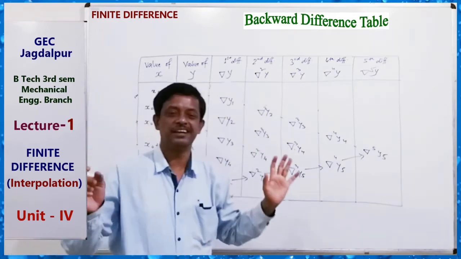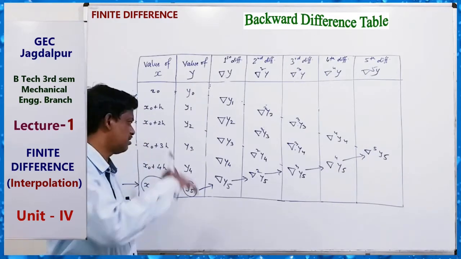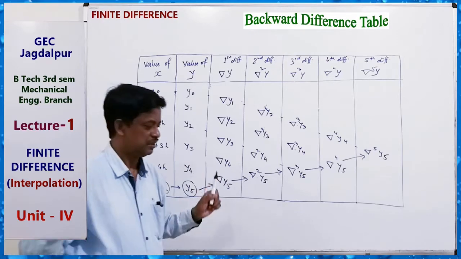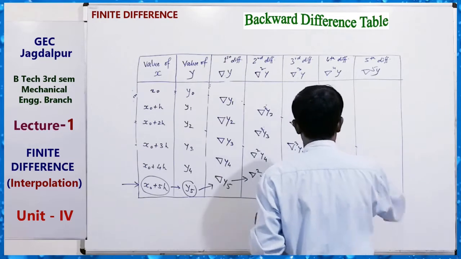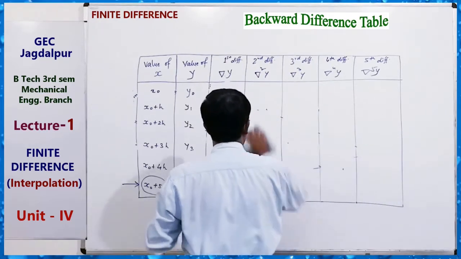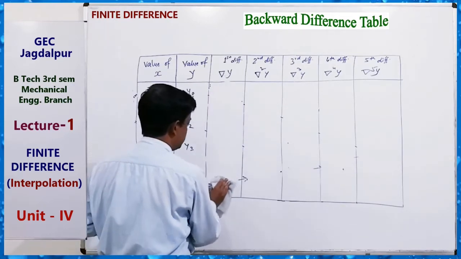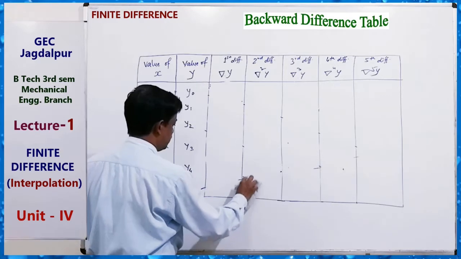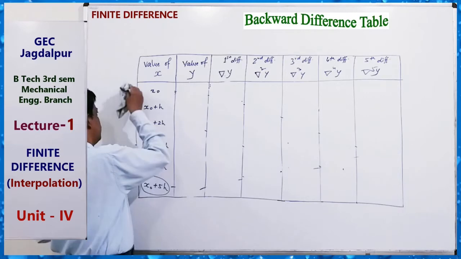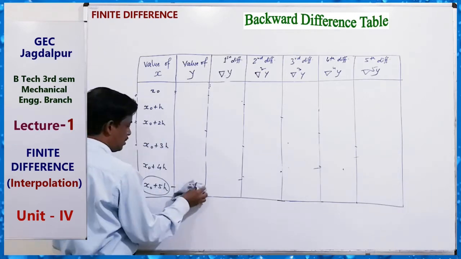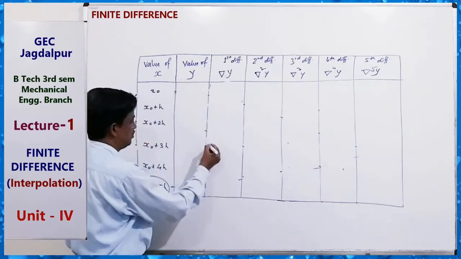In a similar manner, you can also find the central difference table. The table creation method is completely the same. So for the central difference table, just see what the creation method is. Just subtract the previous term from the following term.